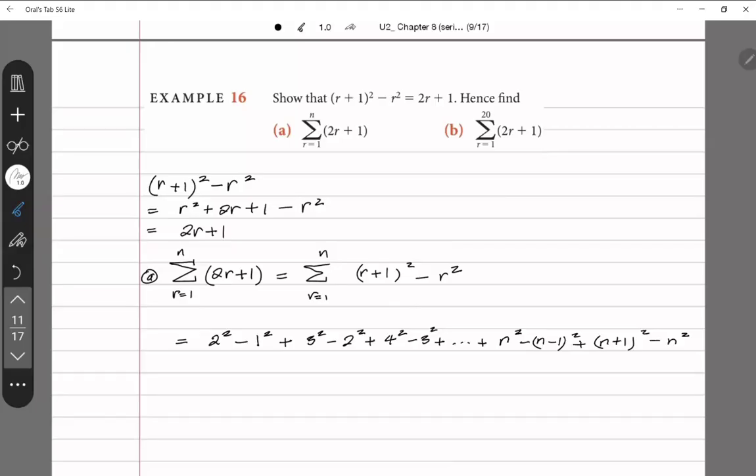So let's see what's gone. This is gone, this is gone, this is gone.